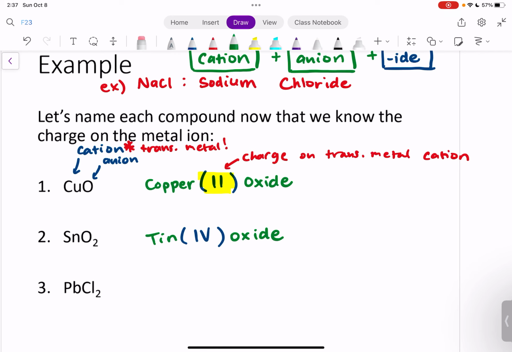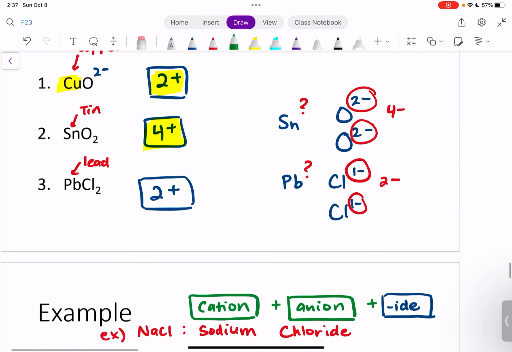All right, and then the next one is lead, right? Just naming our cation. But it's a transition metal, so it can form variable charges. So we need to include the charge on that lead. And then the next part is the anion, and that just gets the IDE ending, chloride. All right, so what goes in the middle there? Well, what's the charge on lead?